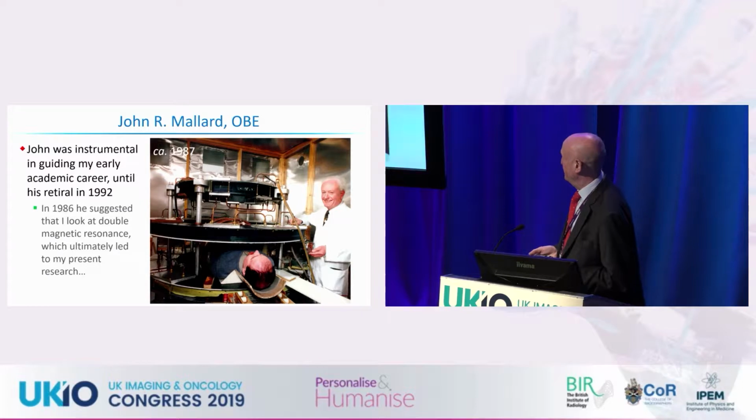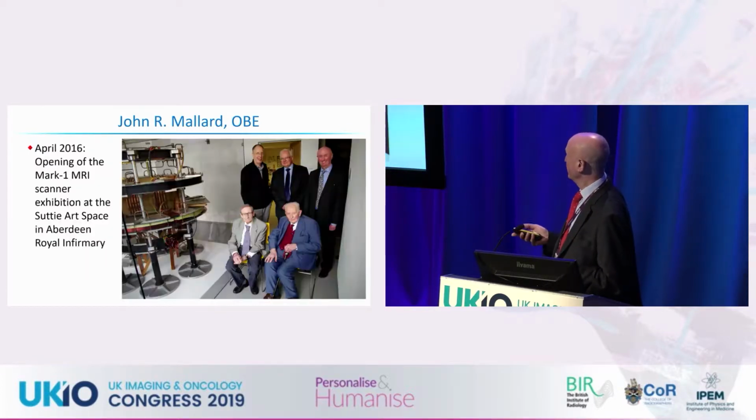And that's me again, lying there pretending to be a patient in the Mark I scanner with John there. John really was instrumental in guiding my career. For example, in 1986, he suggested to me that I look into double magnetic resonance to see what that might do. And that led to me working on double magnetic resonance method, including ESR and NMR at the same time, which ultimately led to the research that I'm going to speak about today.